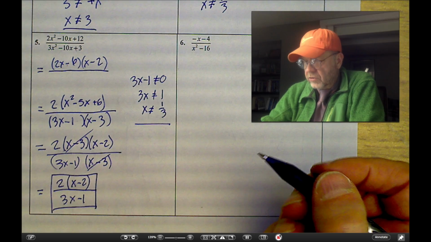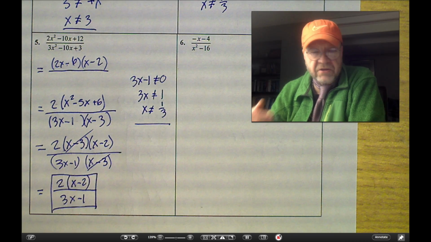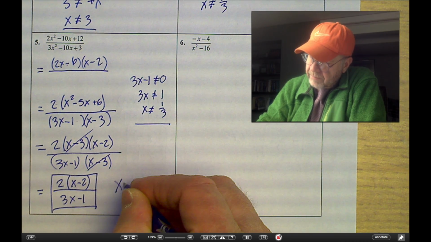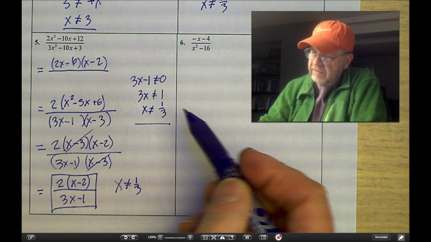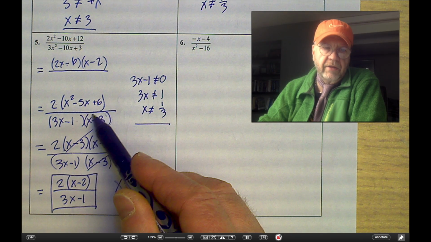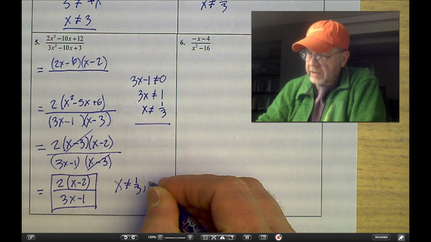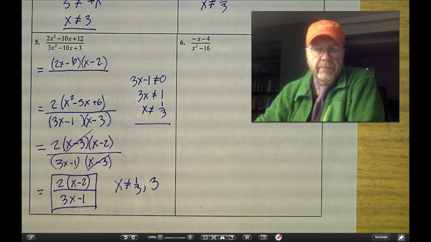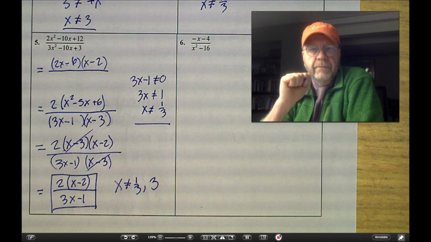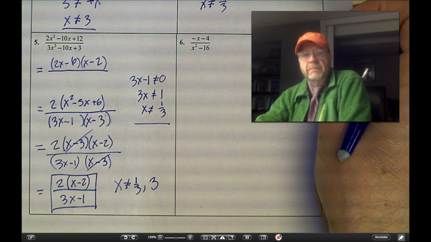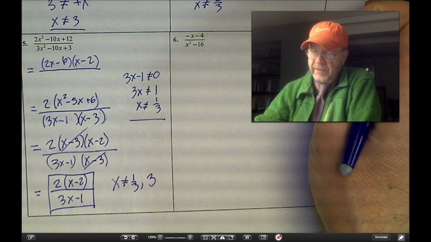Soon you'll be able to do it by just inspection, just by looking at it. x may not equal 1/3. And if you look at this part of the term here, x may not equal positive 3 either. In both cases, it makes the denominator 0, and it makes the expression undefined or indeterminate.